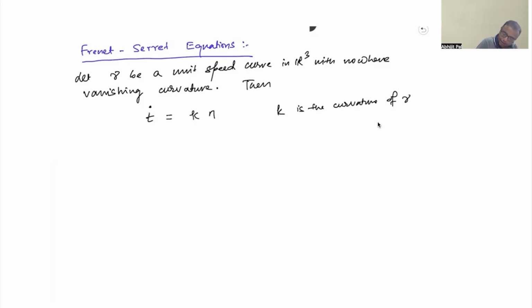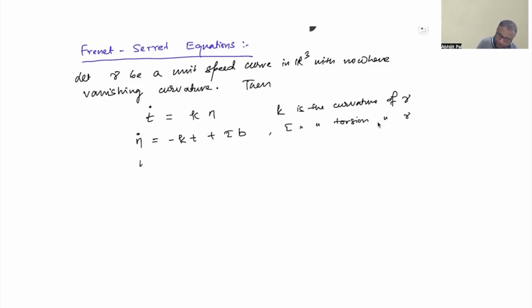And if I take the derivative of the unit normal vector, it will be minus k times the tangent vector plus tau B, where tau is the torsion of this gamma.